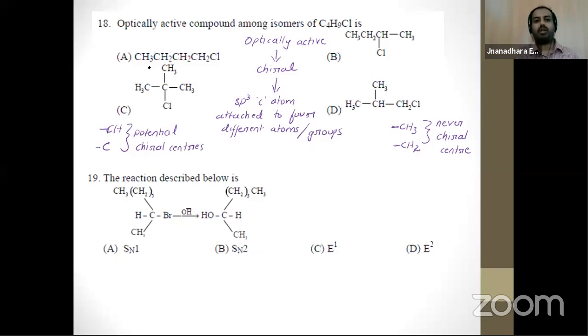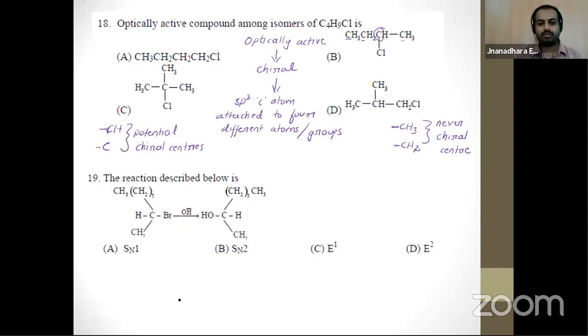Okay, look at option A therefore. In option A, you only have CH3 and CH2. There's no CH and C, hence ruled out. It can't have a chiral center. In option B, you have CH3s, CH2s, but look at this. There is a CH. Now this can be a chiral center. We'll verify whether it is attached to 4 different groups or not. Focus on this carbon, dear students.